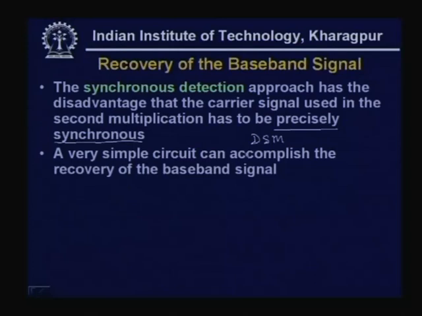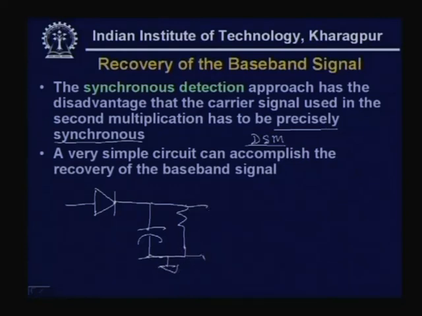On the other hand, if we use the original DSB signal, it can be recovered very easily by a simple circuit like this. We can use one diode, a capacitor and a resistor. This can be grounded.